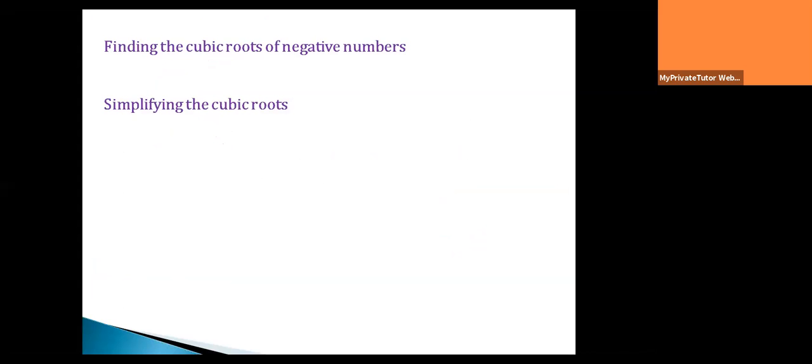So the next part, an extension of this, is finding the cubic roots of negative numbers and simplifying the cubic roots. Let's do negative cubic numbers first. Find the cubic root of minus 64. 64 is a simple number, so everyone knows it is nothing but minus 4 whole power 3.